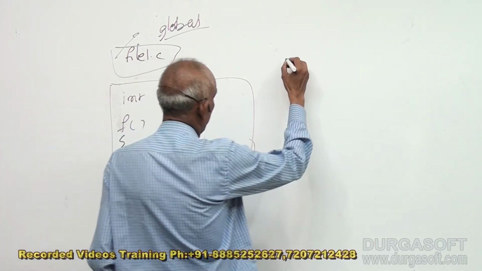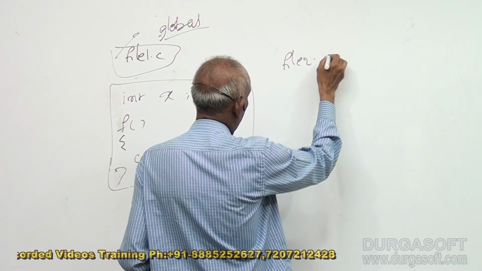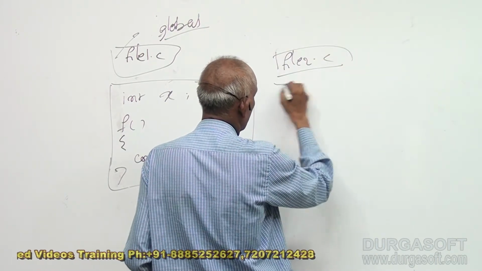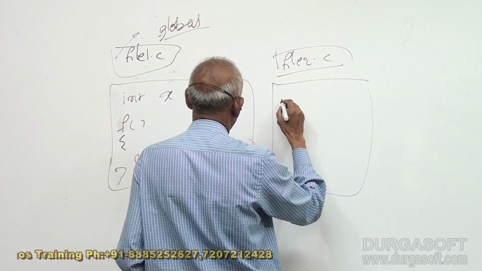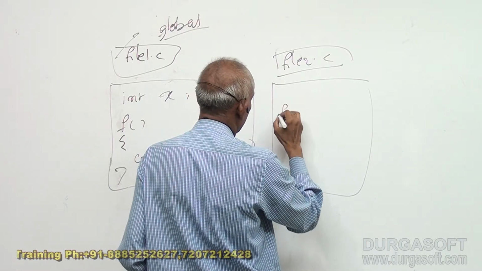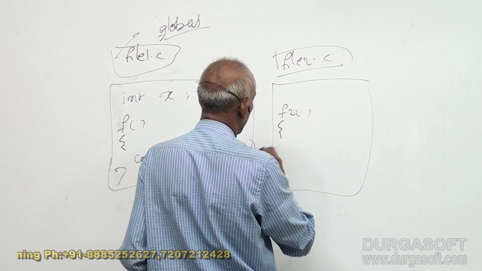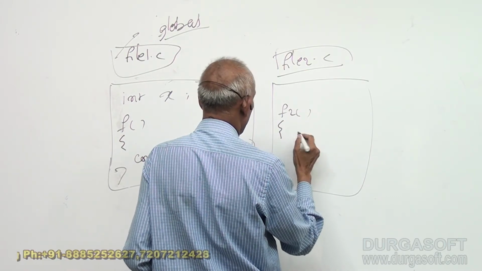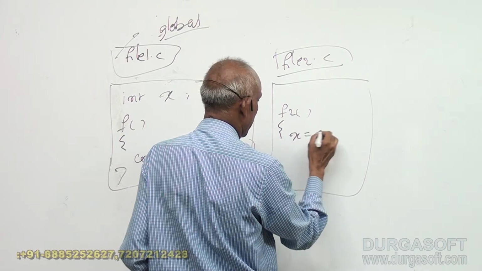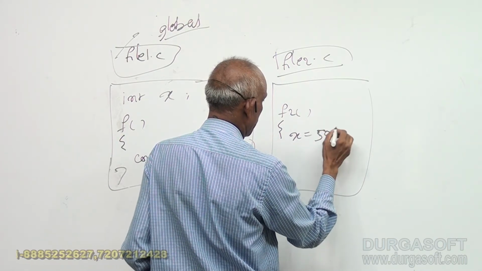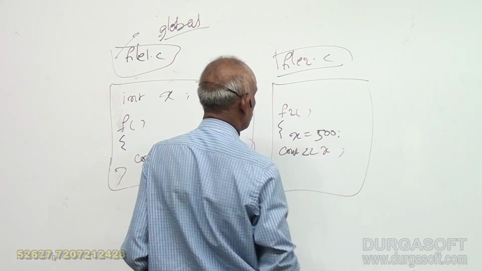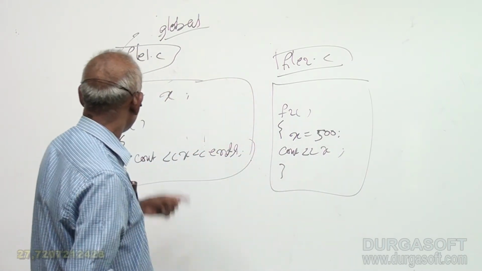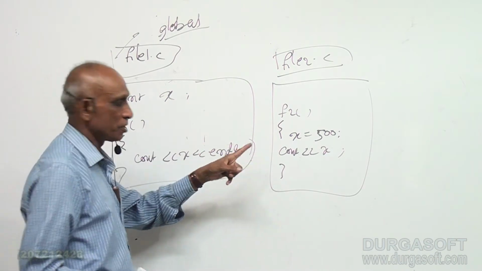Now there is one more file called file2.c. In this there is another function called f2. It wants to change this. Suppose I want to make x equal to 500 and display it. I want to use this variable only, it is not a local variable, the same variable.